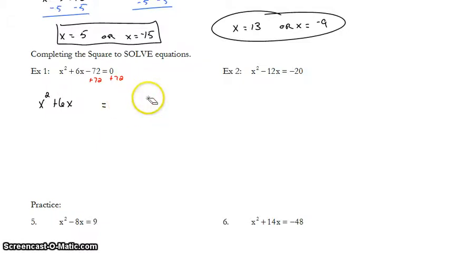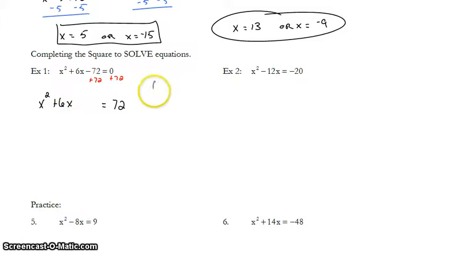And I'll make that in a different color just because we're going to do something here that's going to be an important idea. Here's why we complete the square. This serves pretty much exactly like the problem we did on our previous video. I can use the x squared and the 6x to complete my square. So I need to find what I would add here to make this a perfect square.